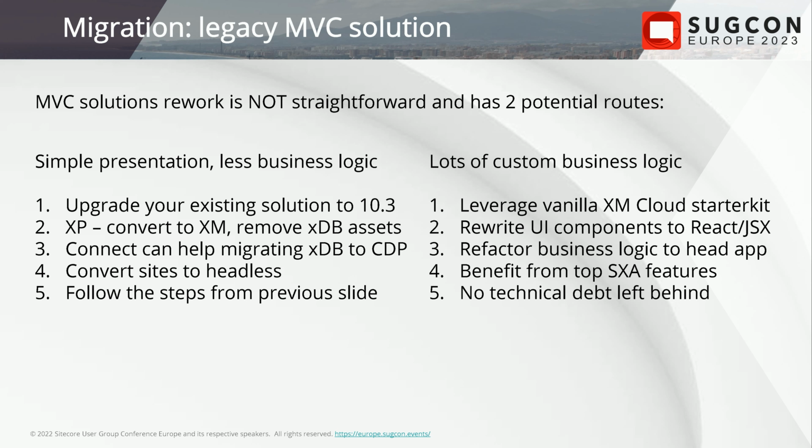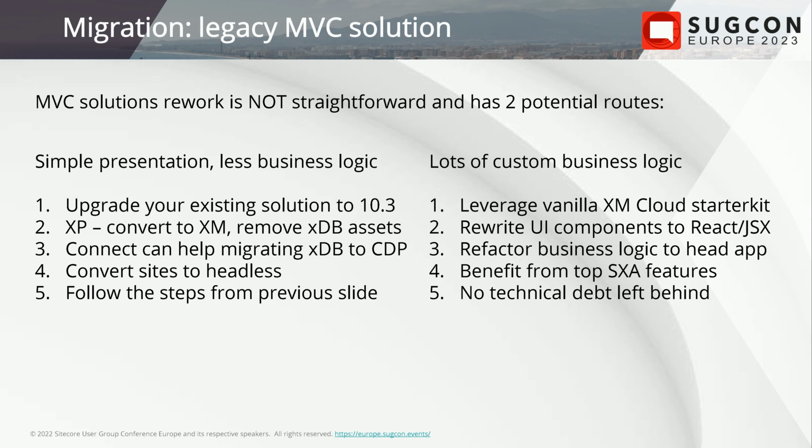When it comes to MVC solution, this is not as straightforward, and we have now two potential roads. So if your MVC solution has very simple presentation and less business logic, what you can do is upgrade your existing solution to 10.3 version of platform. If that was XP, then you convert to XM.